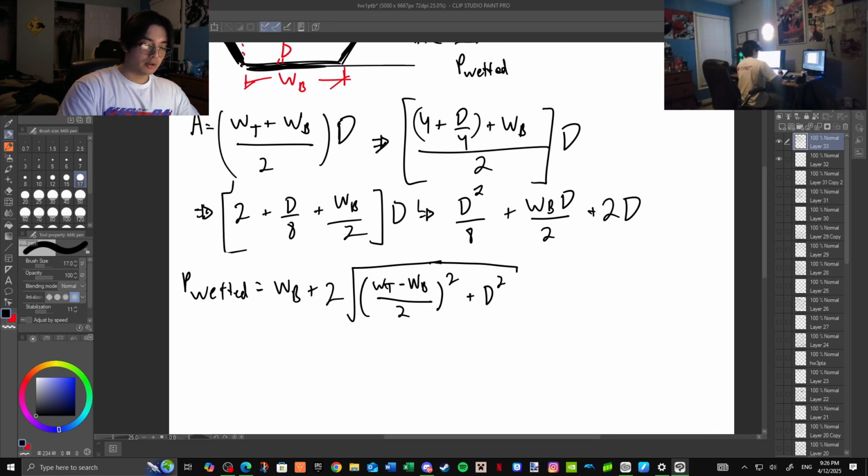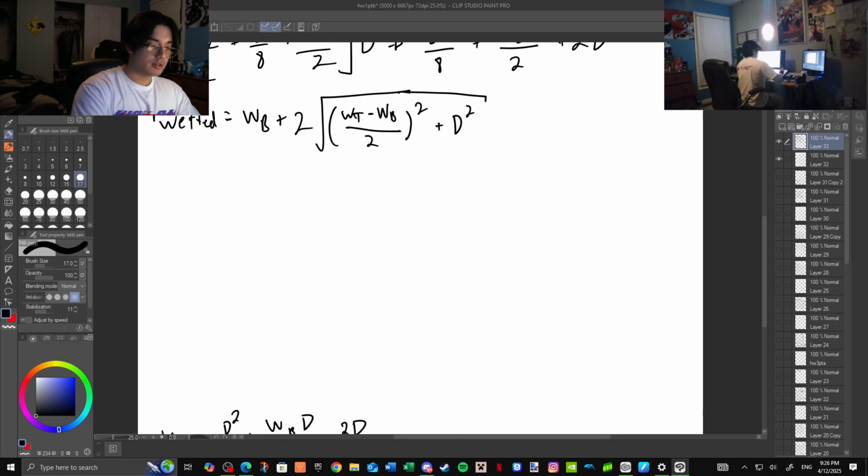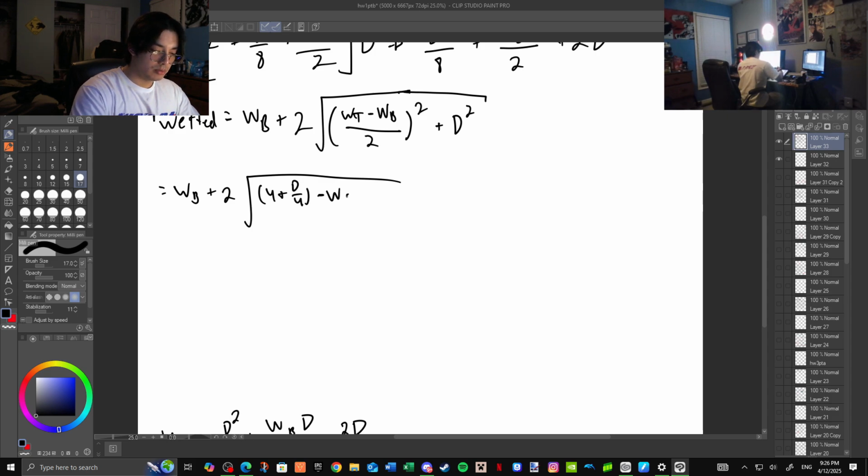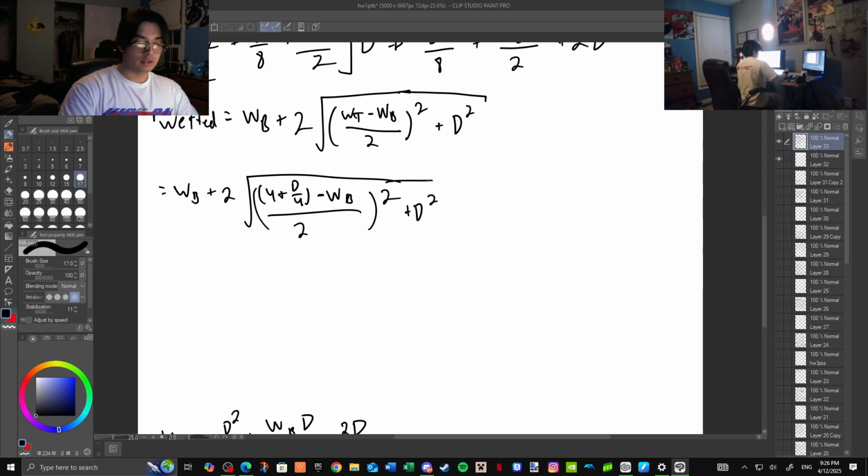Now we need to substitute in WT. So we get 2 times the square root of 4 plus D over 4 minus WB over 2, squared, plus D squared.